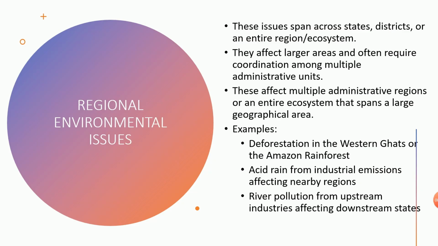Now, regional environmental issues. See here, these issues span across states, districts, or an entire region or ecosystem. You might have heard about the regions we name, like Tondai Nadu, Sozha Nadu, Kongu Nadu. If we are talking about Kongu Nadu, we are talking about the districts of Coimbatore, Ooty, that is Udagamandalam, then Nilgiris district, then Tirupur district, Erode district.